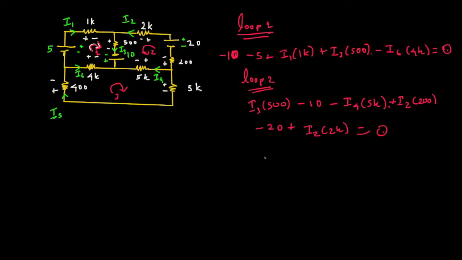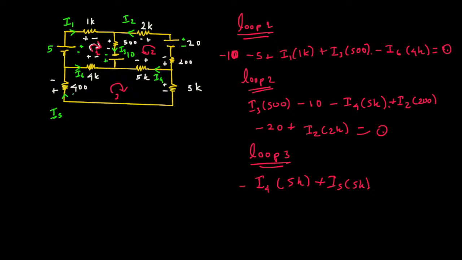That's KVL. And if I take loop 3 over here, for this one I'm taking clockwise, so if I look at this one, this is minus 2 plus, so that's going to be minus I4 times the resistance across that, 5k. And then again here this is plus to minus, the same current flows here and here, so this is also I5 current, so this is going to be I5 times 5k.